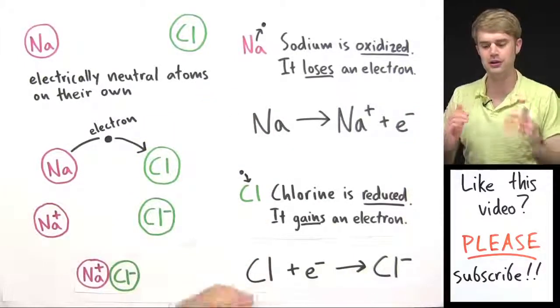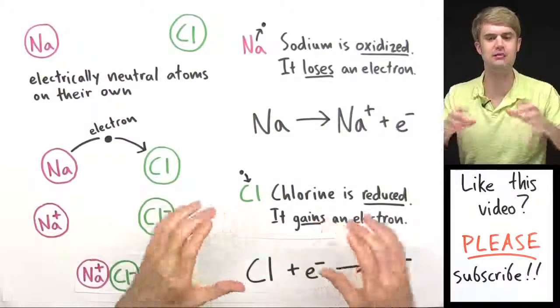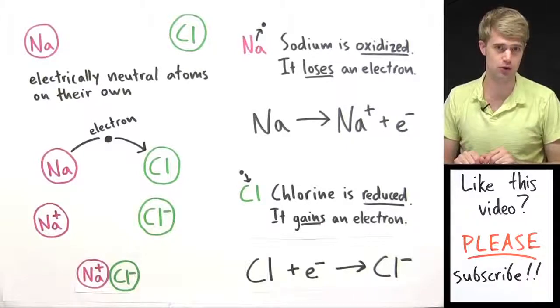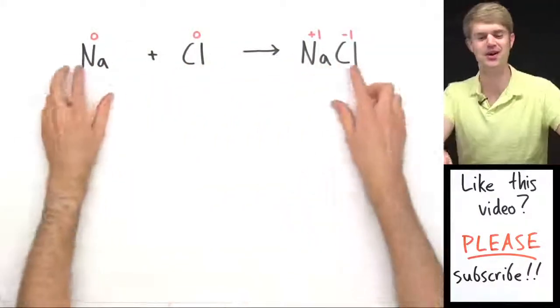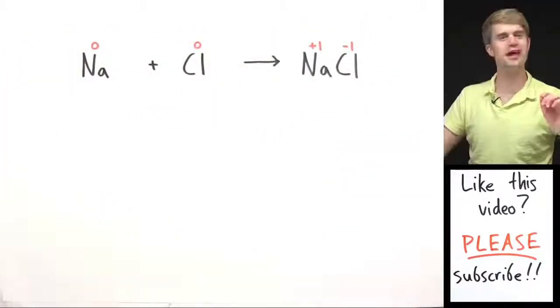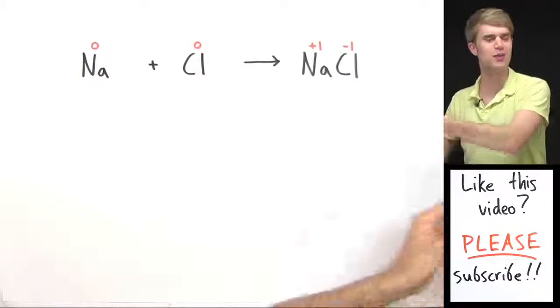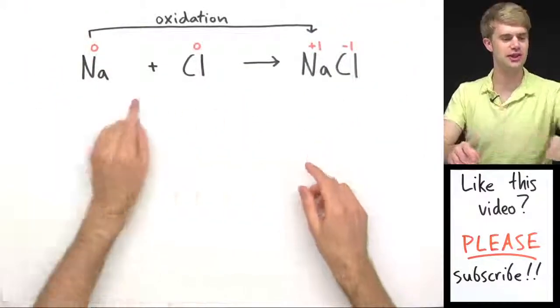Now I want to talk a little bit more about these two reactions and how we can combine them to make a larger, bigger picture equation. Here's our big picture reaction for sodium and chlorine coming together to make sodium chloride. Now, this reaction really has two processes going on within it. One of these processes is the oxidation of sodium.